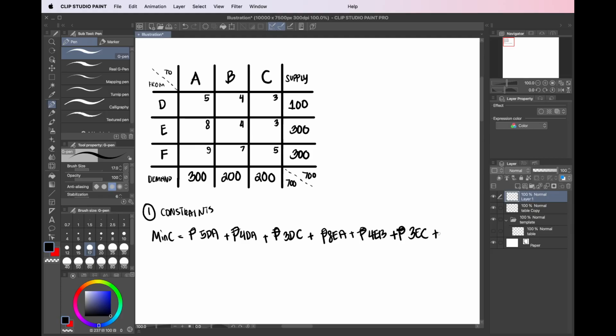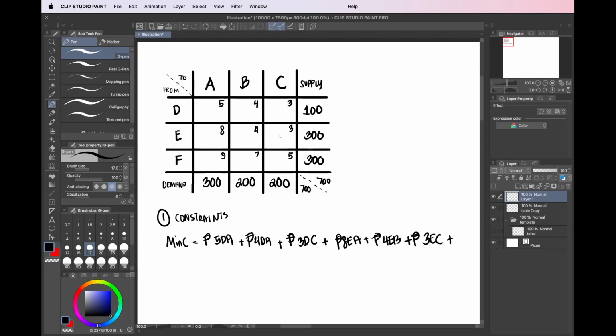Then let's just move it to the next so that we have space. So next is this row, third row. So 9FA, 7FB, then next is 5FC.